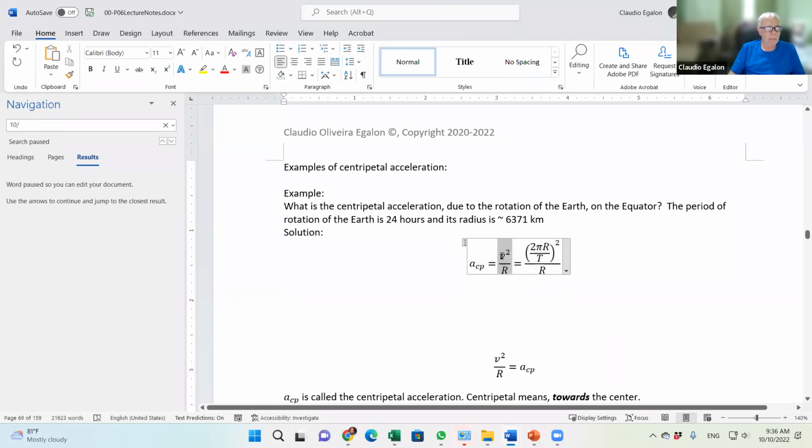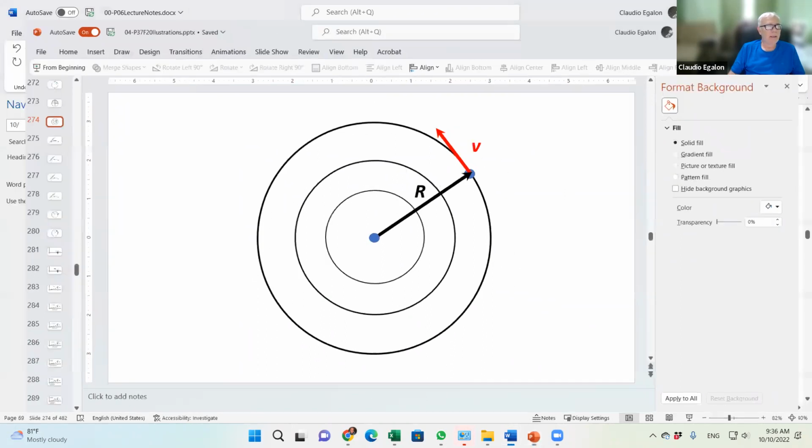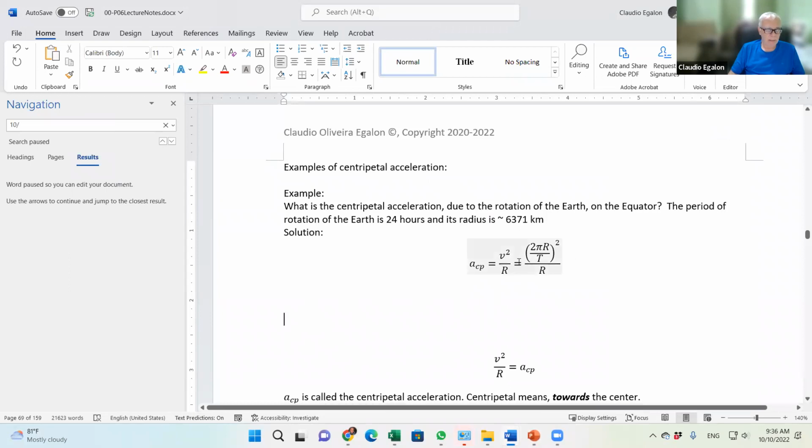I forgot the r here. That's what v is. Make sense? 2 pi r is the full circle, the full circumference. Length divided by time is the velocity. That's how we find the velocity.